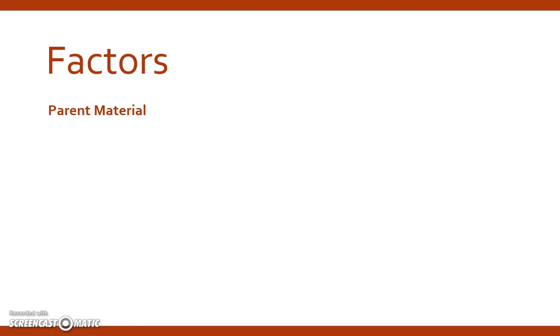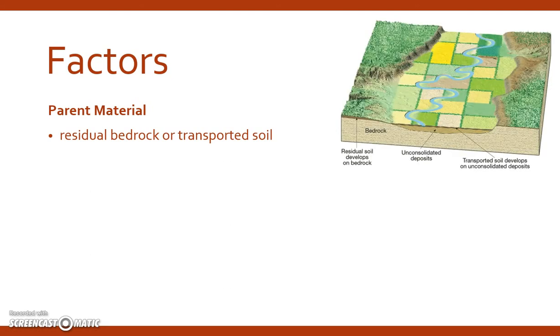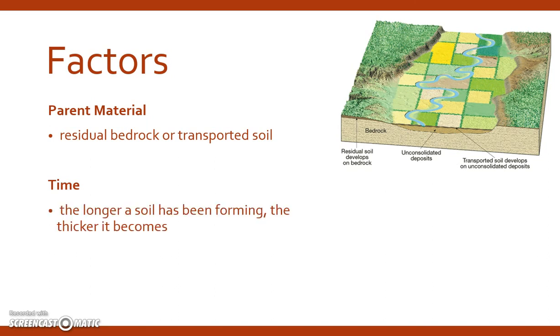Now, factors that can affect soil will be the parent material. So it's your residual bedrock or the soil that's transported in. You can see from this image your bedrock is the lowest portion here. Time is also a factor, so the longer the soil forms, the thicker or the wider or the taller it's going to become. So the more soil you will have.